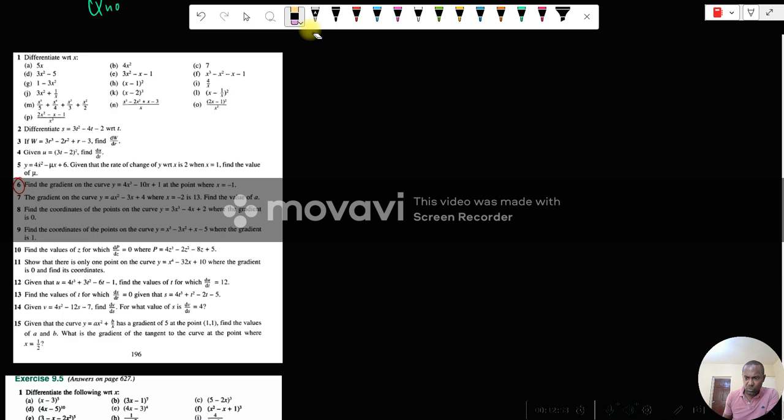Yes, sir. So when you differentiate a cubic, you're going to get a quadratic. So this is number 8. We have y equals x cubed minus 3x squared plus x minus 5.